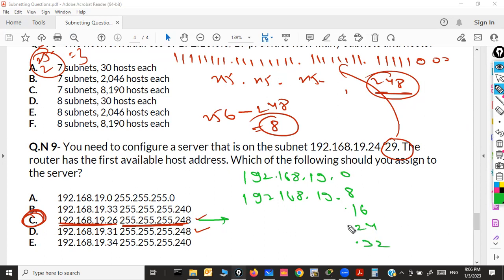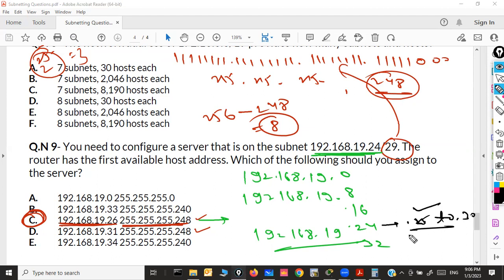So in this range, if I take this one, in the /24 subnet address range, the IP addresses are 25 to 30, right? 31 is your broadcast address. 25 is already assigned. So we can assign any IP address like 26, 27, 28, 29, or 30.